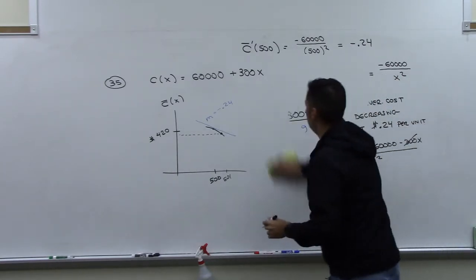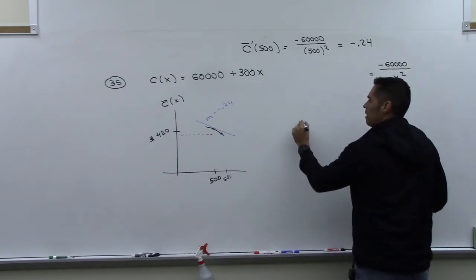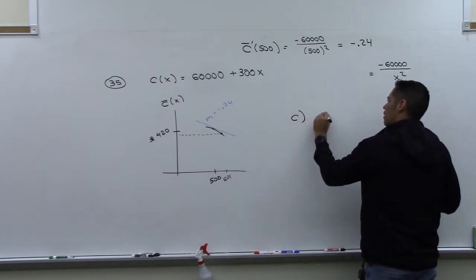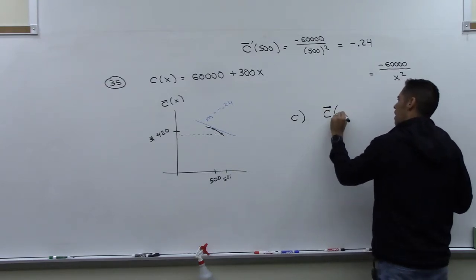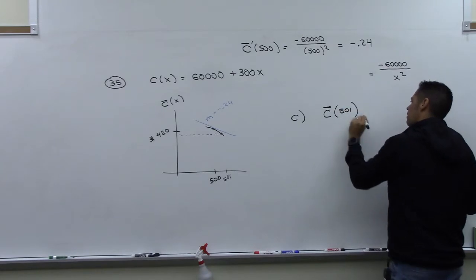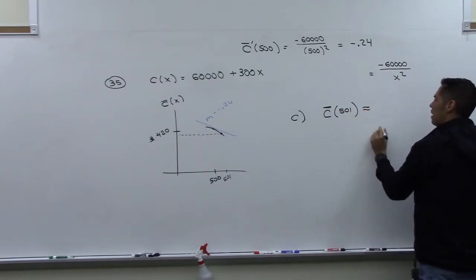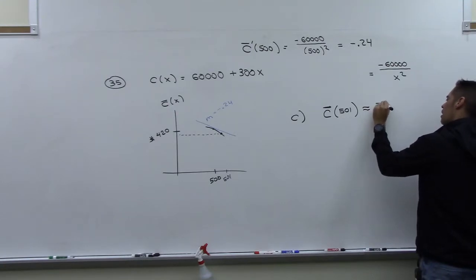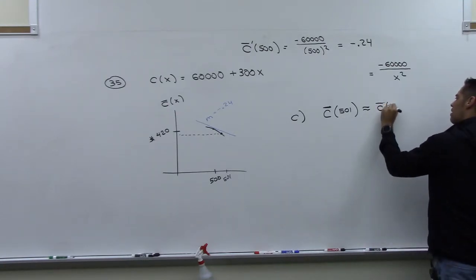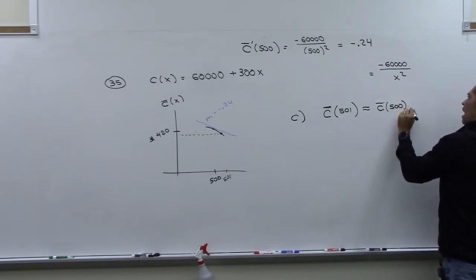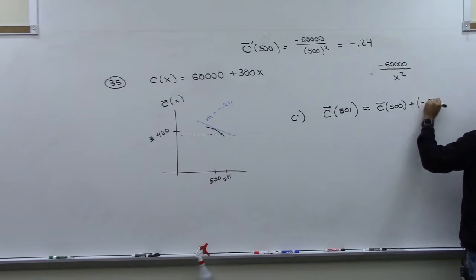So for part C, to approximate the average cost at 501, this should be approximately the cost at 500, and then we're going to add to that whatever this is, which is negative 0.24.